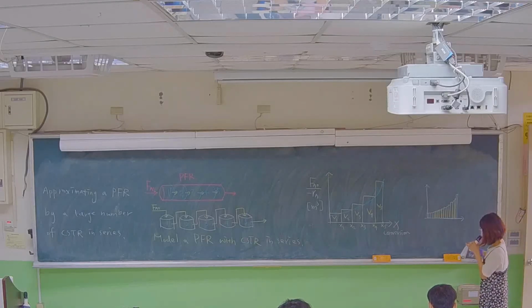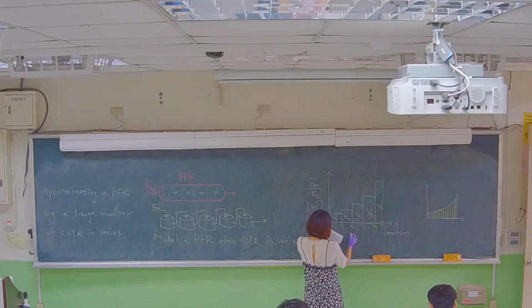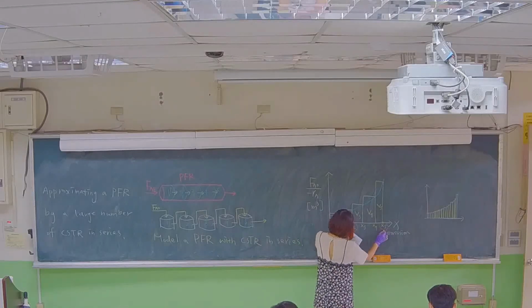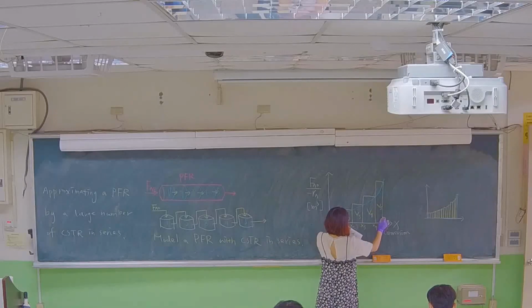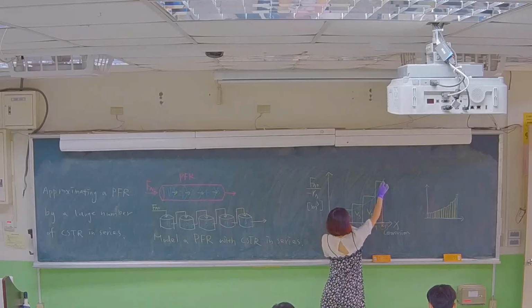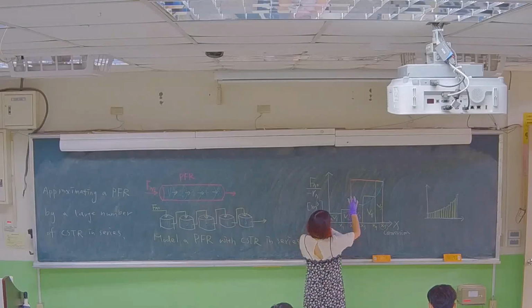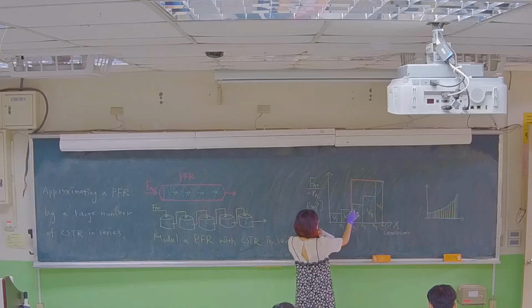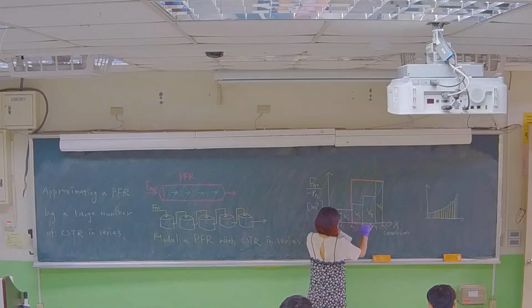So you can compare, if there are only two, we get X2 and X5. So from X2 to X5, you have this area. From X2, you have this area, okay?